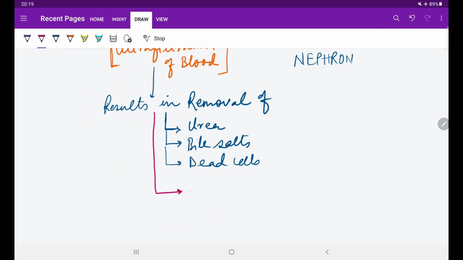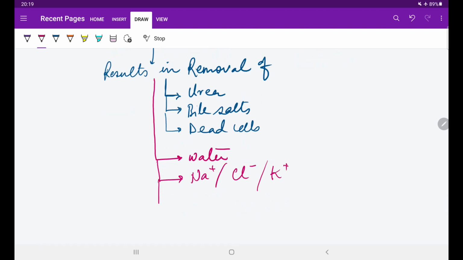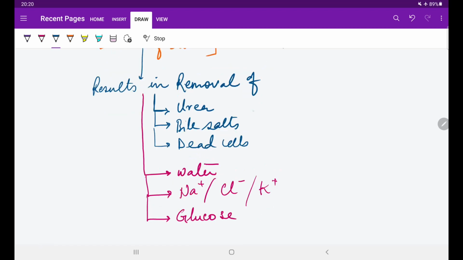As you know, blood is composed of water. It also contains a lot of mineral ions like sodium, chlorine, and potassium. Also, if the blood contains glucose, the glucose will be removed. Thus, ultrafiltration results in the removal of wastes, and also of useful components.